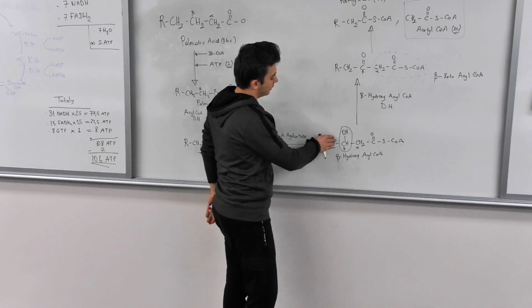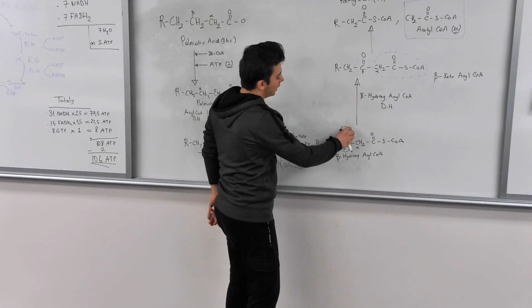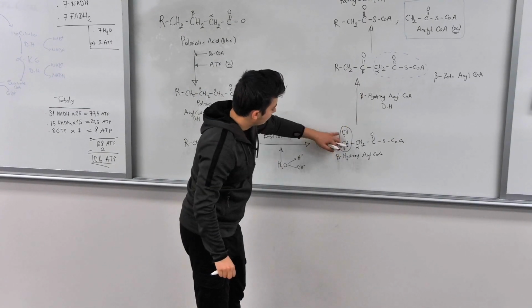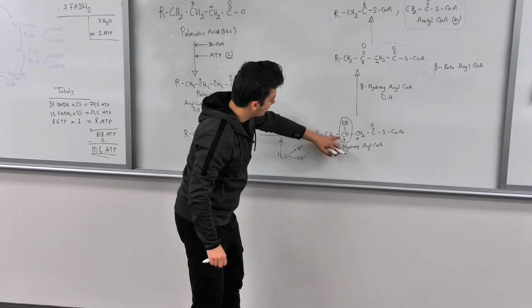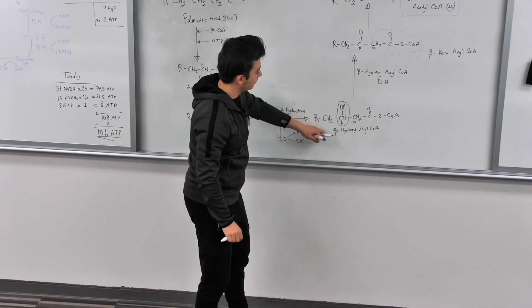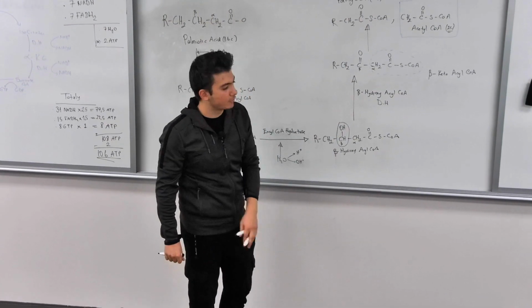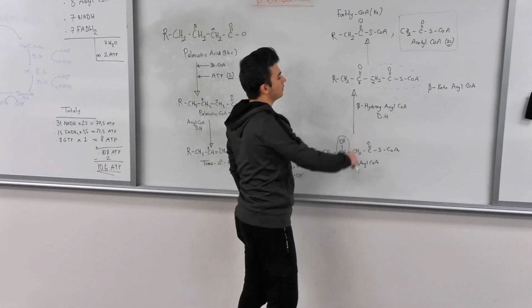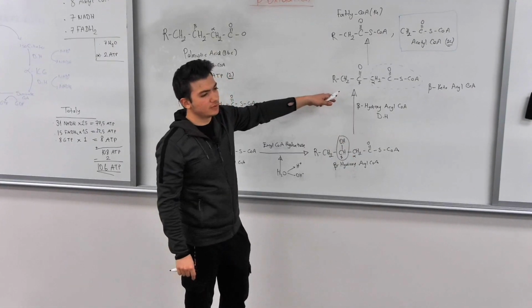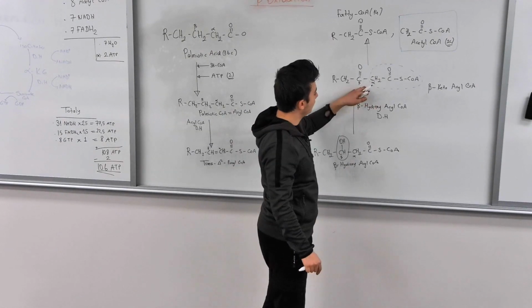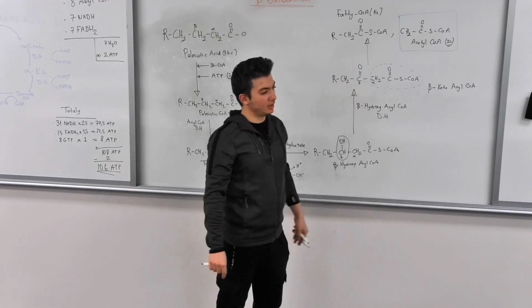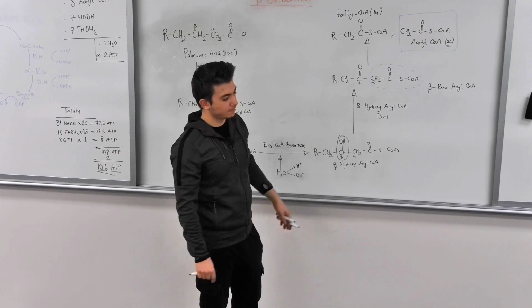I generated a keto group, because I took hydrogen from the hydroxyl group and the carbon atom, so there is a double bond. Good. There is a keto group, but what is the name of this molecule? That is beta keto acyl coenzyme A.